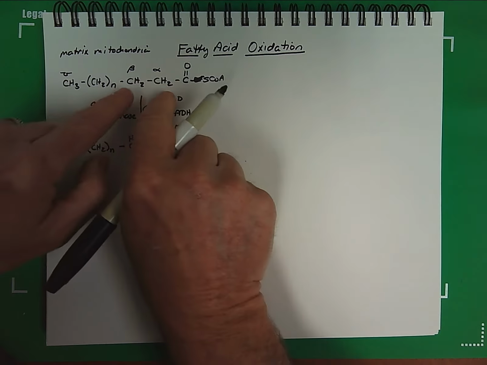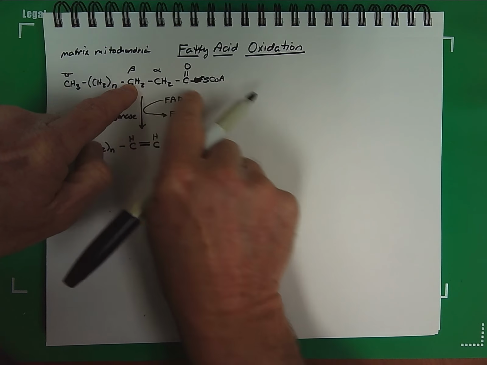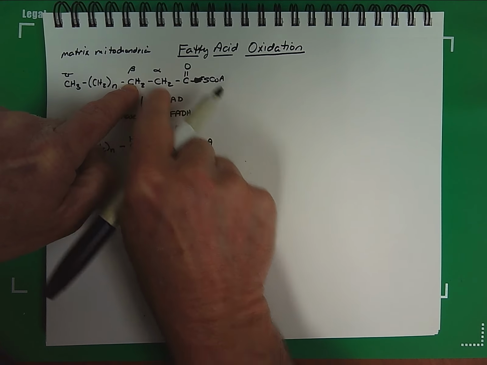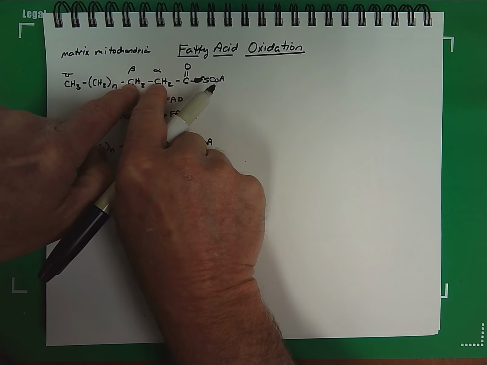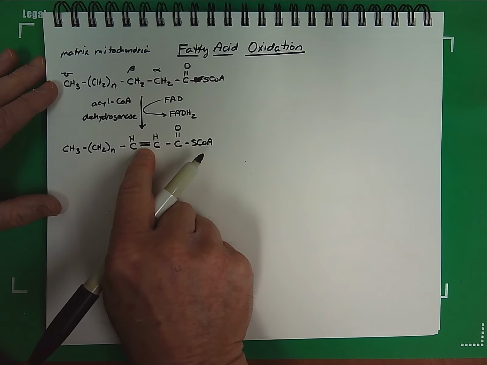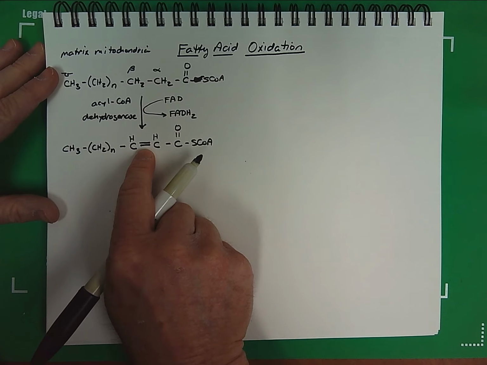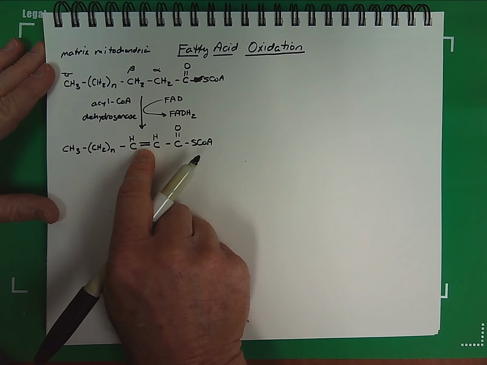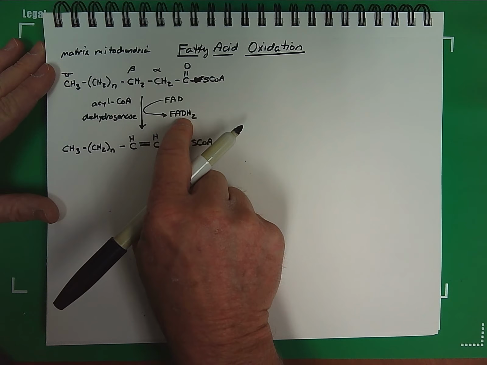So we're transferring 1 electron each from these carbons, putting it on FAD to generate FADH2. The remaining electrons between the 2 will collapse between them and form our double bond. So this is our first oxidative step. Notice we've generated some energy stored in the form of FADH2.